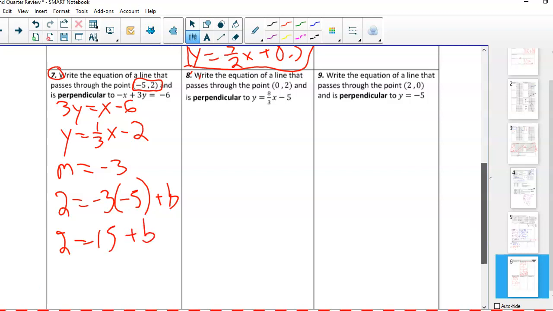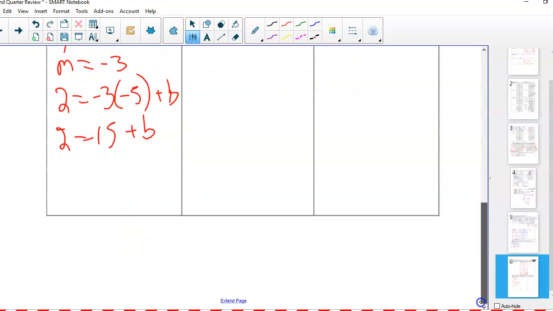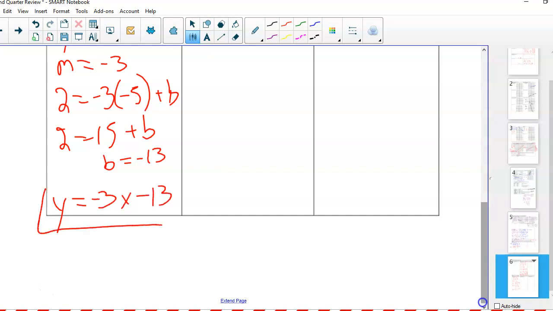It's negative. What is b? Negative 13. So what is our equation? Negative 3x minus 13.